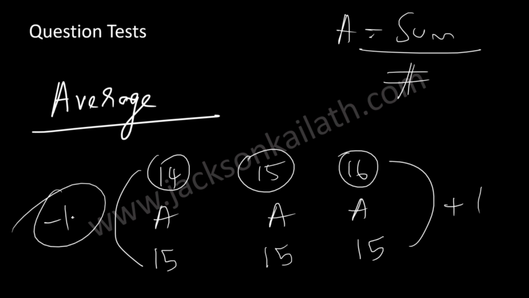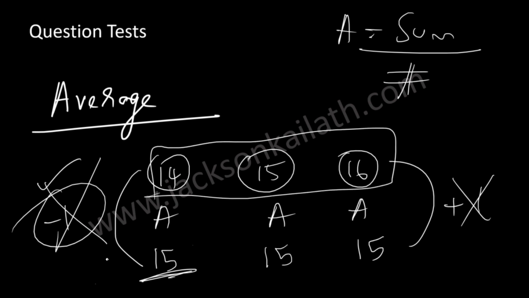You can take it as -1 and +1, or some may say let's take 15 minus 14, so you get +1 over here and -1 over here. That does not matter. But the interesting thing is that the differences cancel out and you're getting 0 when you add these up. So yes, 15 is the average of these three numbers. Alternatively, you can do 14 plus 15 plus 16 by 3.